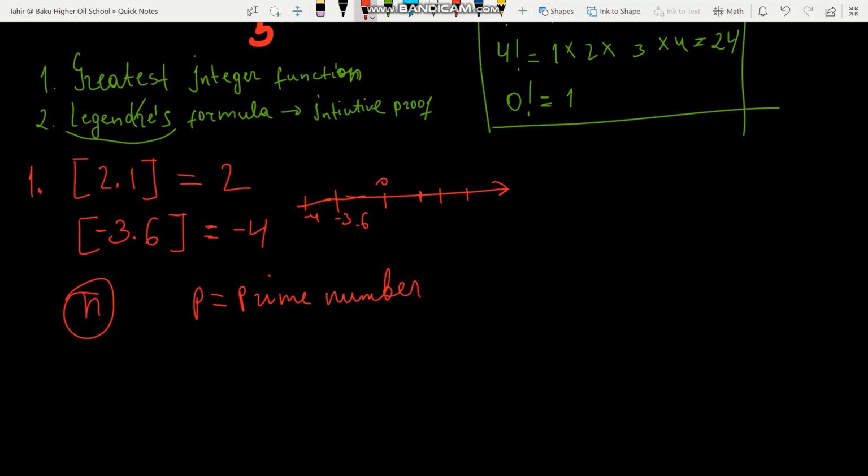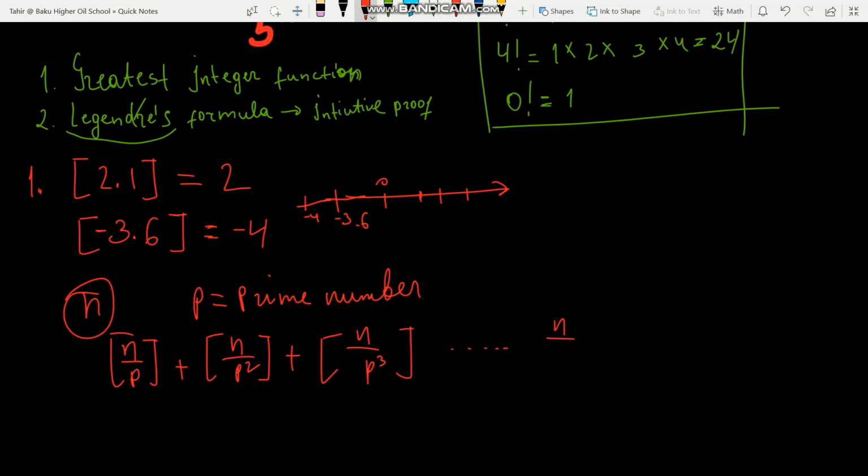In order to find the maximum power of this p, we just use Legendre's theorem, which is equal to floor of n divided by p, plus floor of n divided by p square, plus floor of n divided by p cube, and this will continue till n divided by p to the power, for example, m.